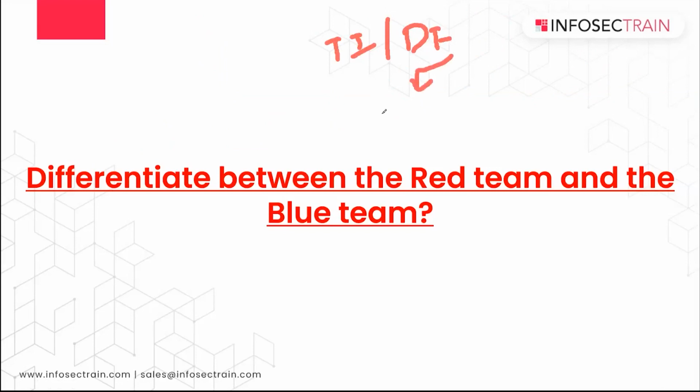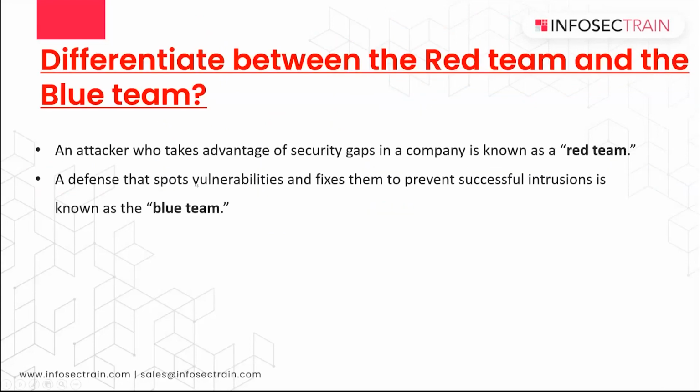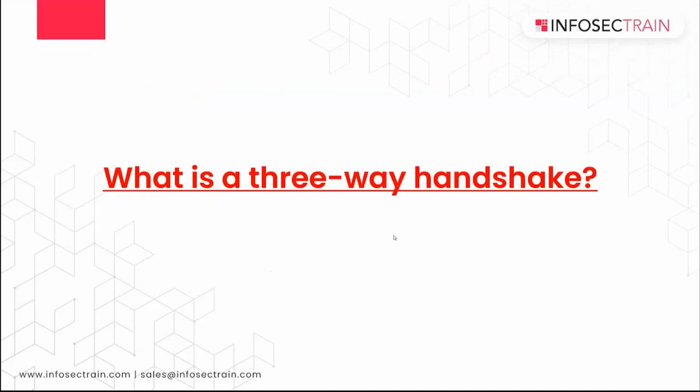We have the disaster recovery team. So an attacker who takes advantage of a security gap in a company is known as your red team, and the defender who spots the vulnerability, fixes it, and prevents the successful intrusion is your blue team.